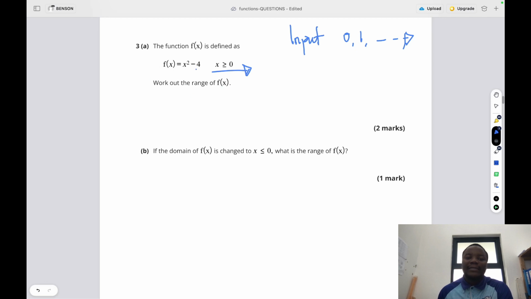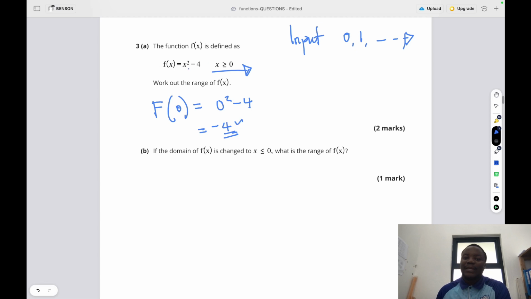To work out the range here, we are going to try f of 0, since 0 is the least number in this domain. So you're going to have 0 squared minus 4, and it gives you negative 4. You can then see that if you were to replace x with bigger numbers than 0, this is the minimum value you can get.